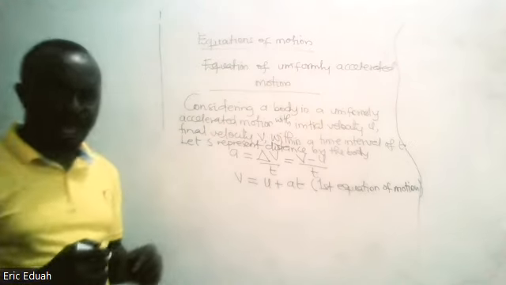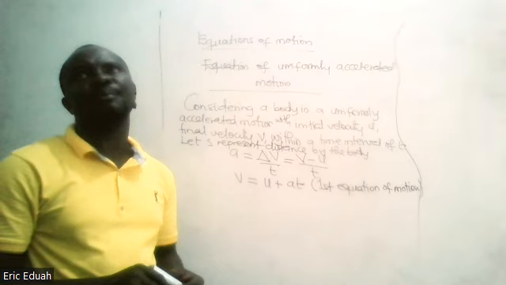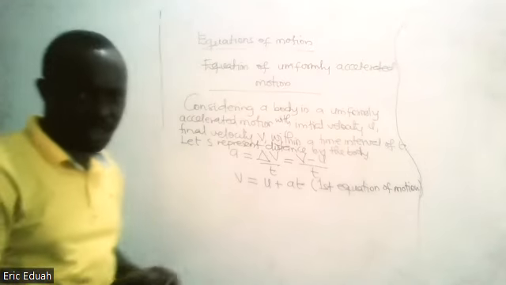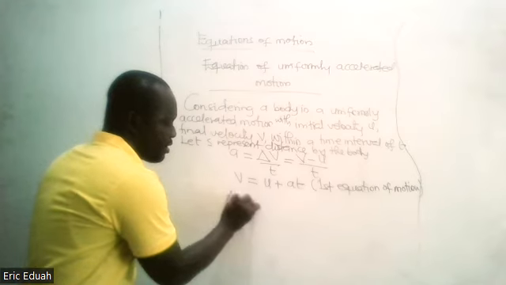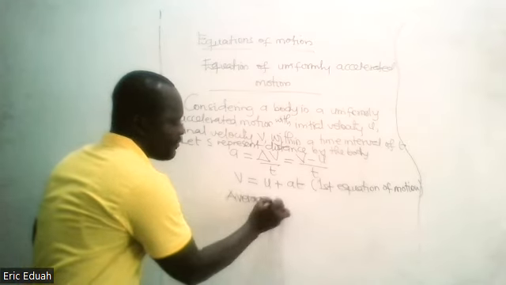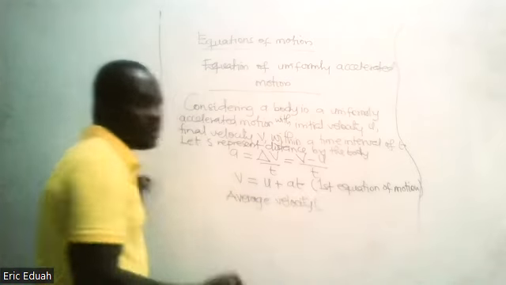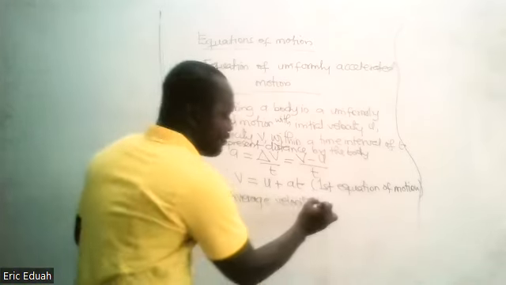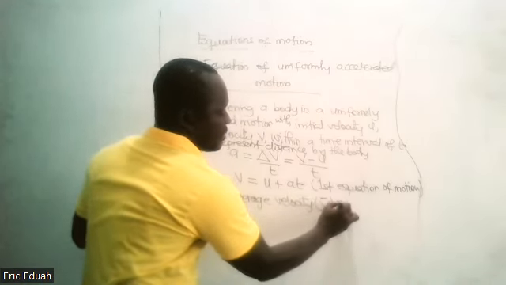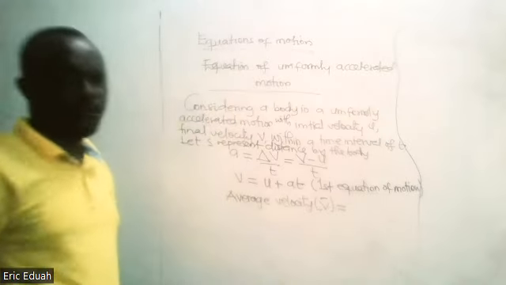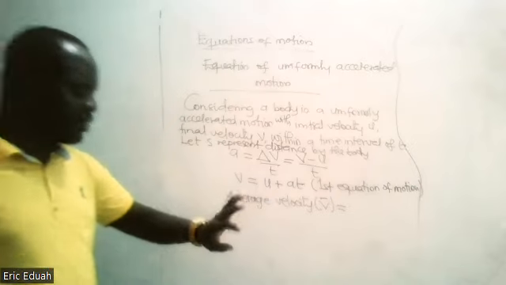Now, if we want to find the average velocity of the body, which we often represent as v bar or v subscript AVE, how do we determine it?